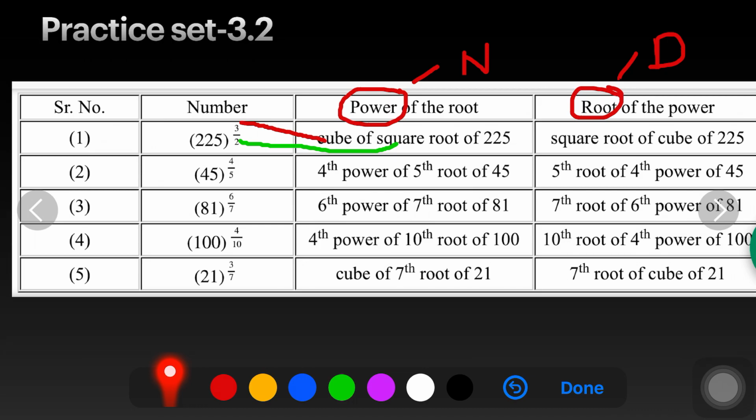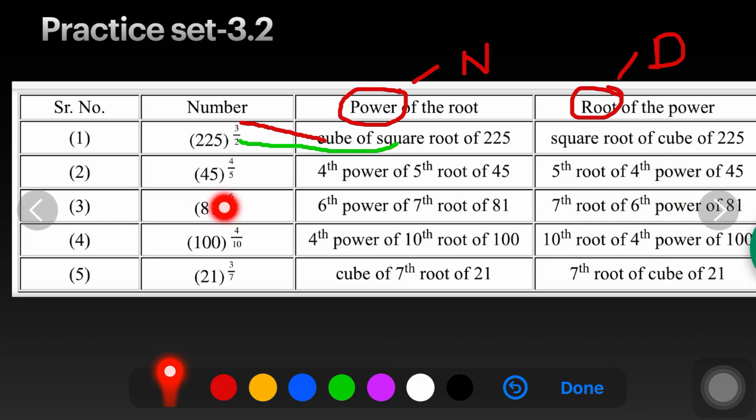So fourth power of fifth root of 45. The denominator will always be associated with root. Again, fifth root of fourth power of 45.